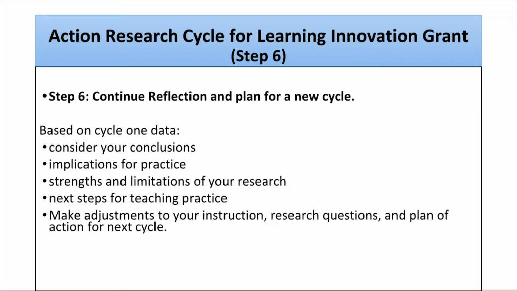Maybe you're going to have to do some more research to determine how you're going to refine that to be able to use it again, because we want it to be something that's sustainable. And then next steps for the teaching practice will come in once you've refined and determined what you want to do next or how you're going to make it better.